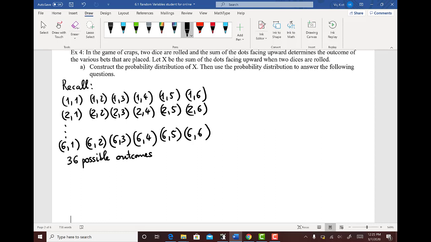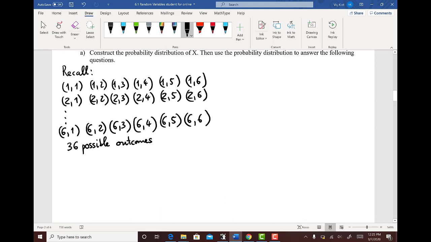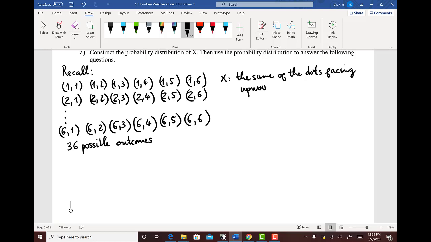Now here, we are looking at our random variable, which represents the sum of the two dice. So keep in mind, x is the sum of the dots facing upwards of two dice.